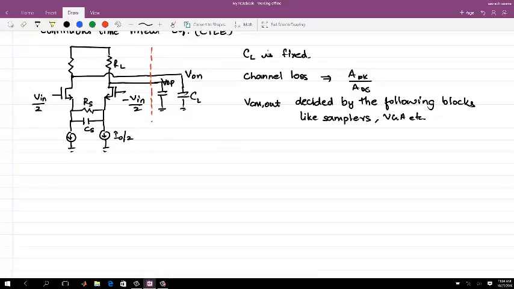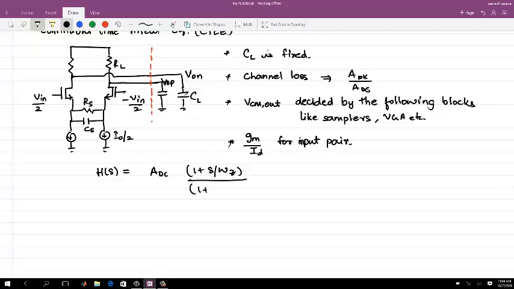The other design parameter which you know is gm over ID for the input pair. If you increase the current, you can increase the gm value as you need. All these things you know even before finding the pole and zero locations. Now the transfer function for the CTLE is A DC times (1 plus s by omega Z), and yesterday we saw that one pole is just a scaled version of your zero location, and the other pole is due to the output capacitance and the load resistance.